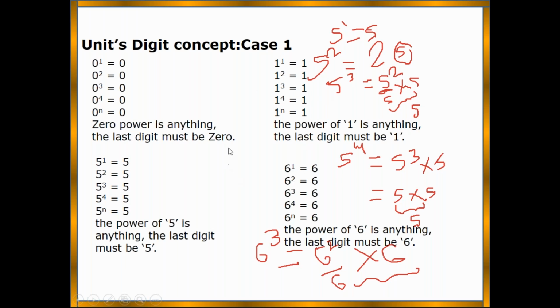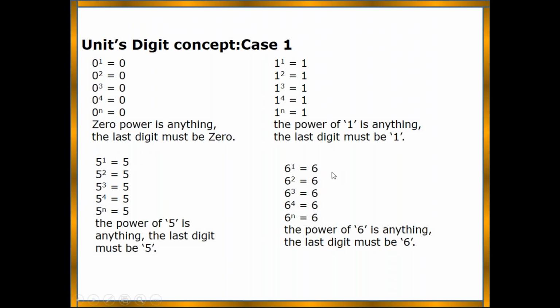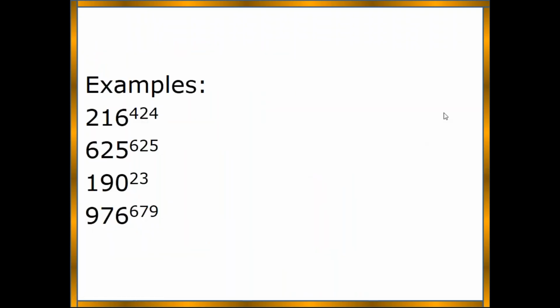There is a chance to give examples like this. For example, 216 whole power 424. We have to focus on 6 power 424. Whenever the power is anything, the last digit is 6.